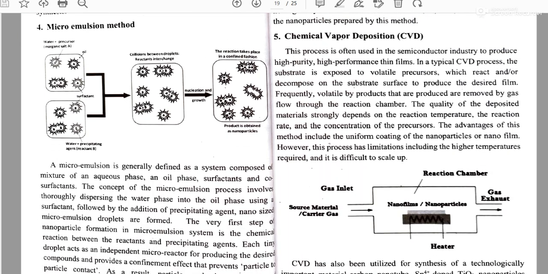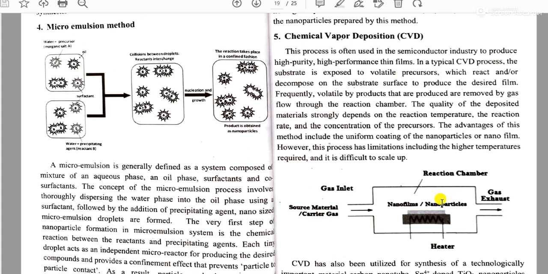Now you have chemical vapor deposition or CVD. So this process is often used in the semiconductor industry to produce high purity, high performance thin films. In a typical CVD process, the substrate is exposed to volatile precursors.